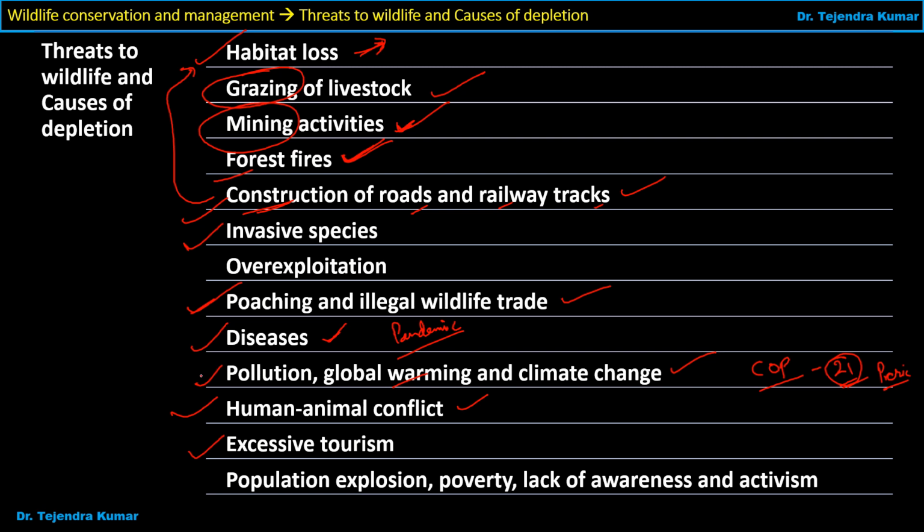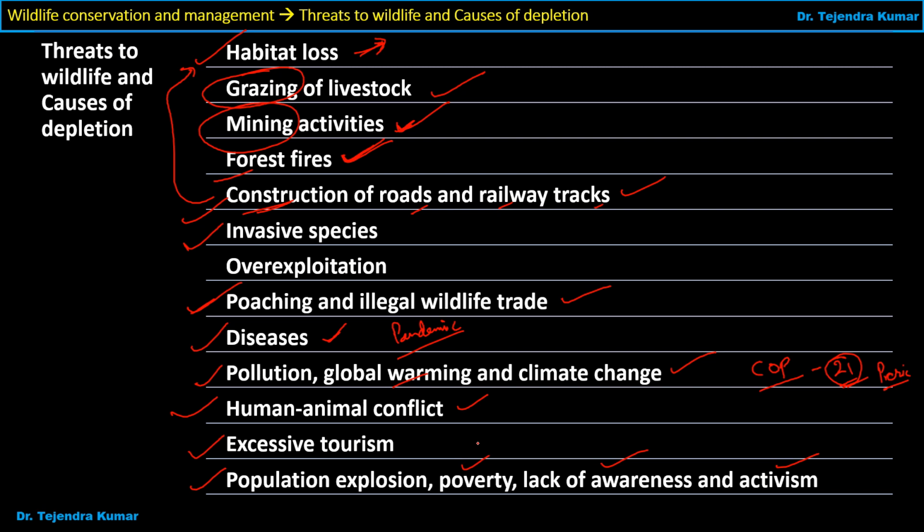Population explosion, poverty, and lack of awareness and activism is another example, which can be seen in those countries wherever the population is large, or sometimes wherever illiteracy is higher.